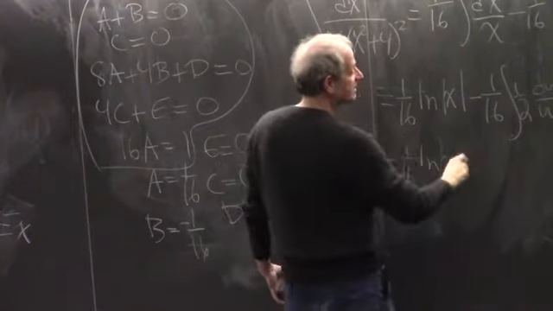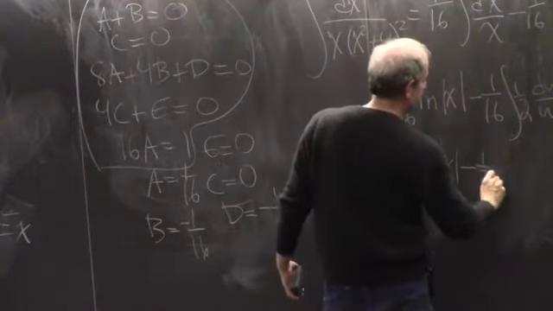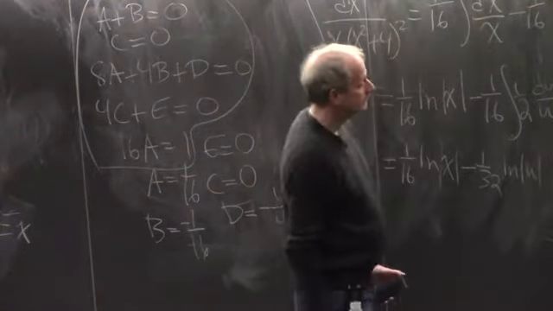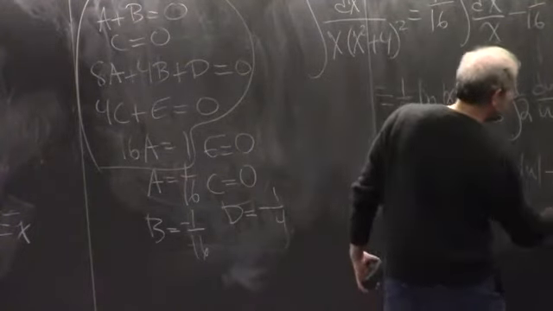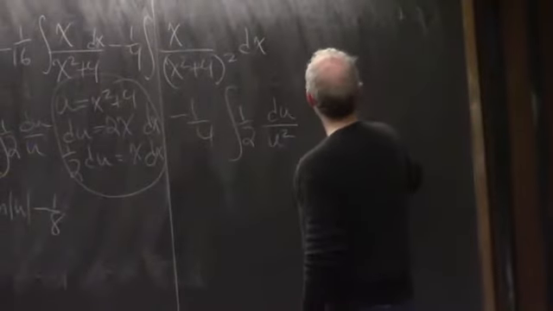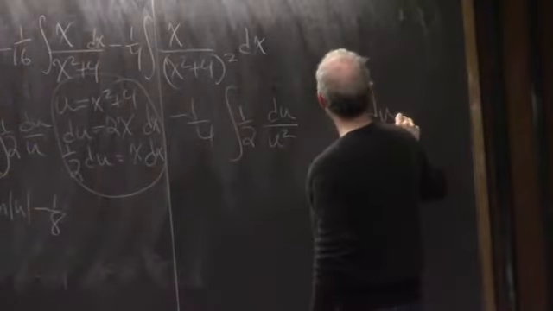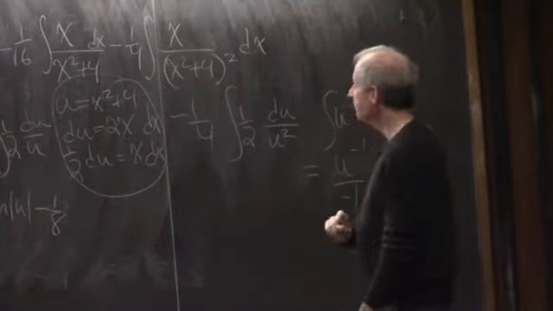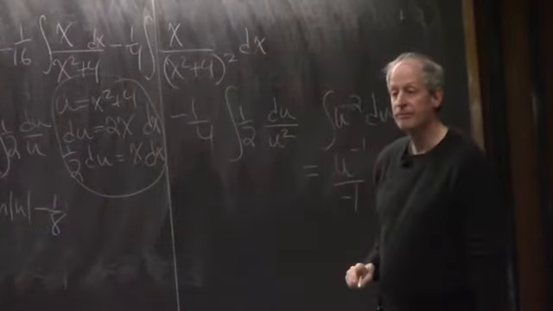Okay, minus the 16th times minus a half is minus a 32nd ln of u minus an 8th. What's the integral of du over u squared? Well, that's just u to the minus 2 du. So that's u to the minus 1 over minus 1, also known as negative 1 over u.